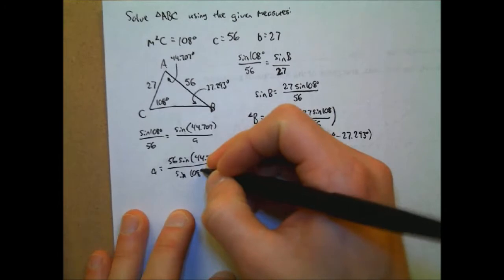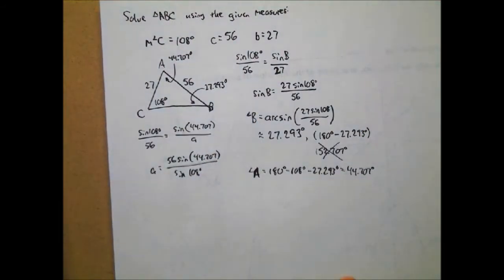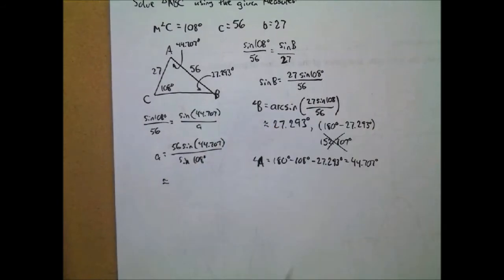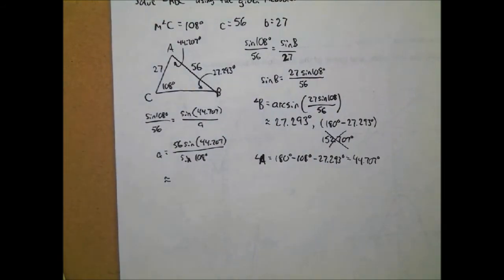So there's our answer, well, I shouldn't even say precise because that 44.707 is rounded. 56 sine 44.707 divided by sine 108, and we get about 41.422.